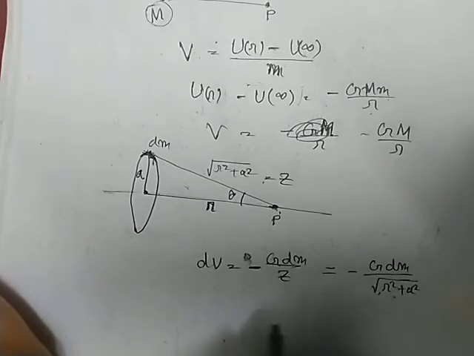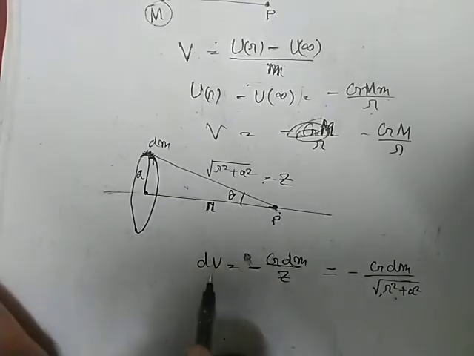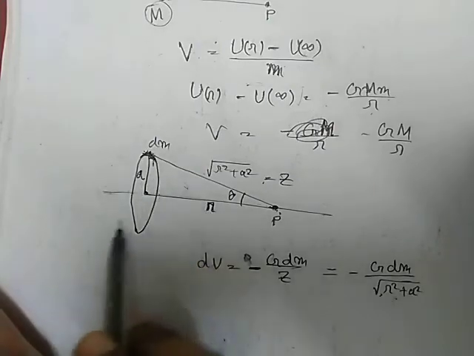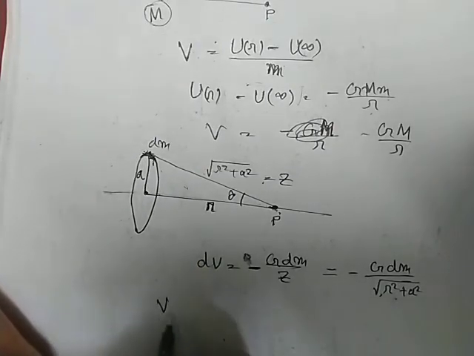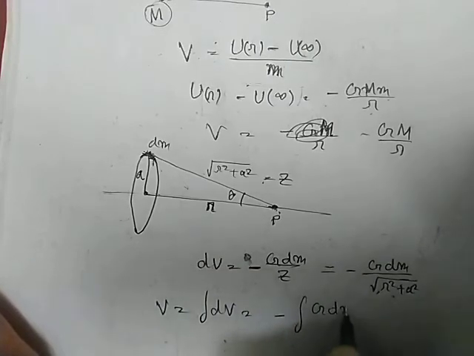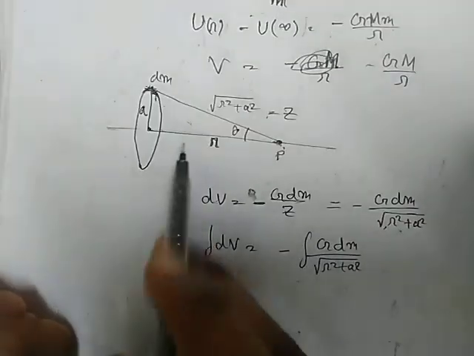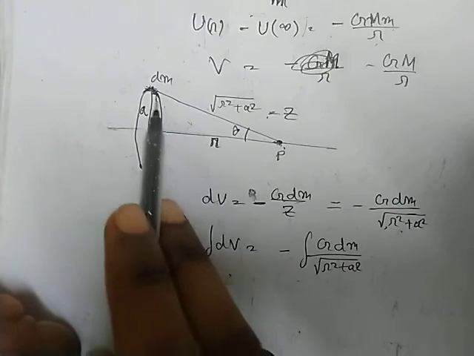Now to find the potential due to the whole ring, we will need to integrate over the whole mass. So V equals the integral of dV equals minus G dm by root r square plus a square. See that this root r square plus a square does not vary for any dm.